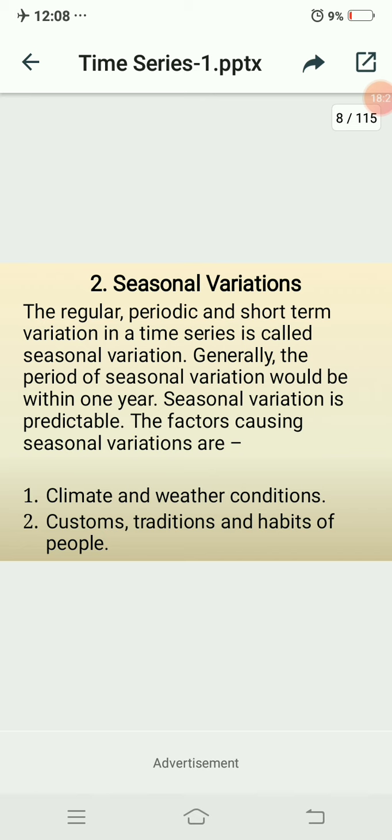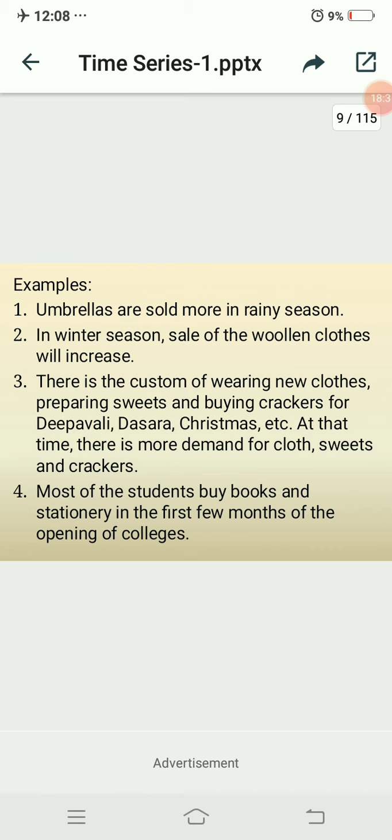Here are some more examples. According to the climate and weather conditions, umbrellas are sold more in rainy seasons. After the rainy season passes, umbrellas are not sold as much, people purchase fewer, and automatically the umbrella rate decreases.